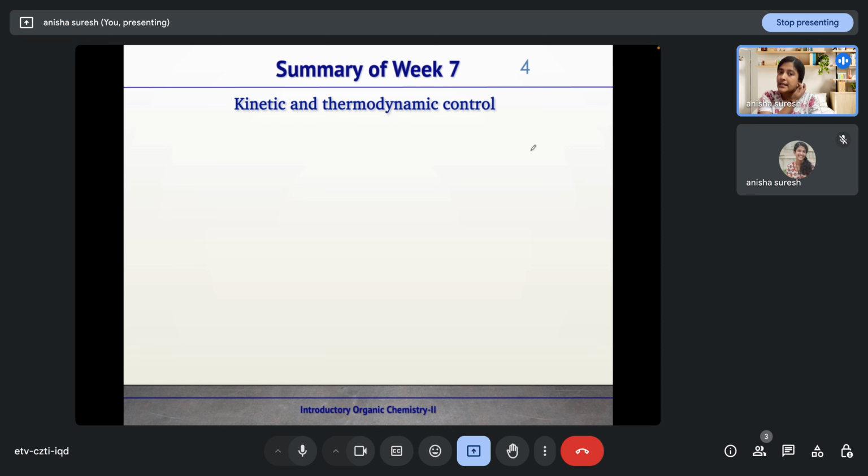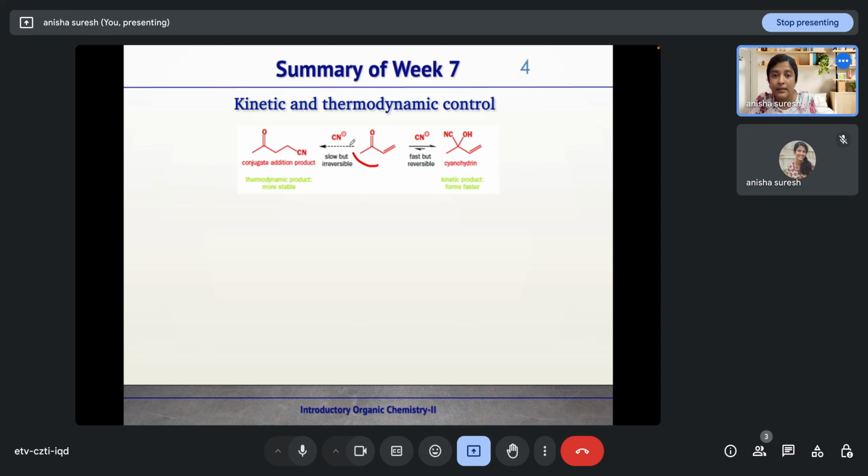Now coming to kinetic and thermodynamic control. So we have seen we are having this product. When cyanide is added and the reaction is fast but reversible, it can lead to formation of this kinetic product, that is the cyanohydrin. The kinetic product means the product that forms faster.